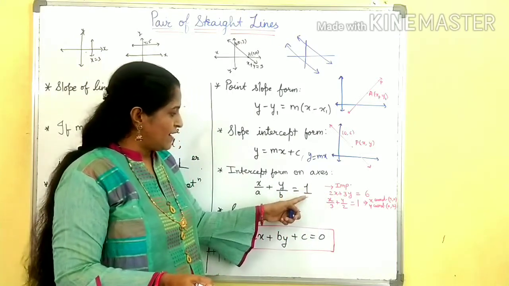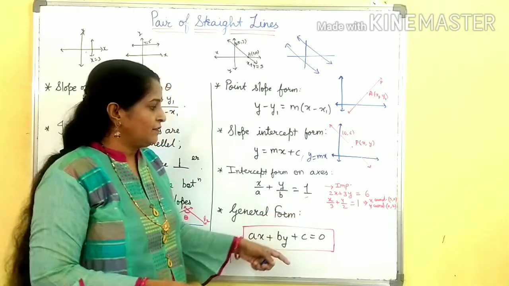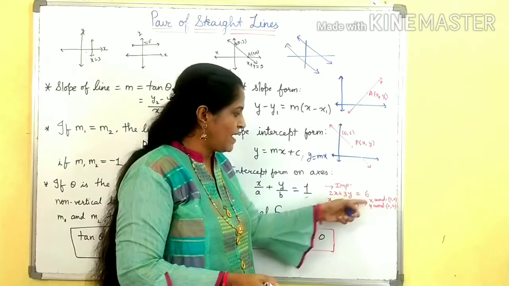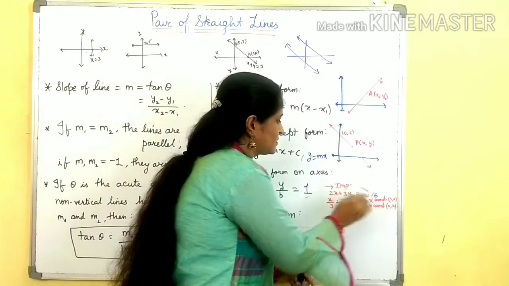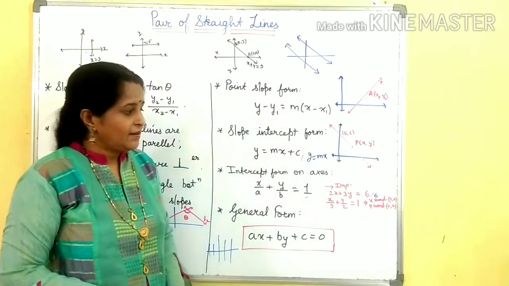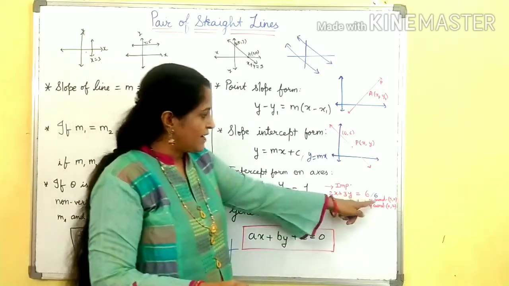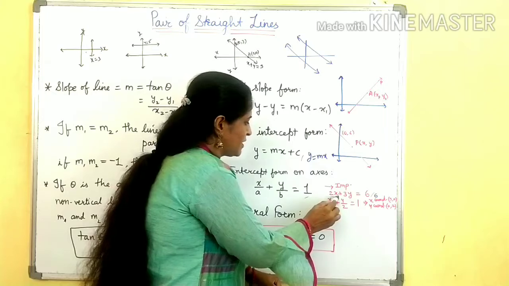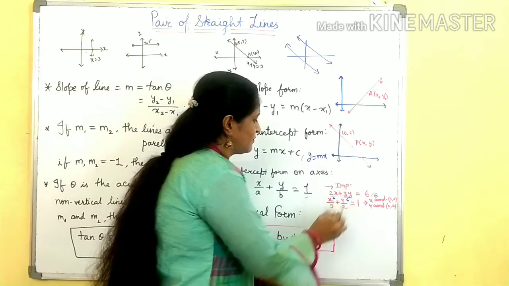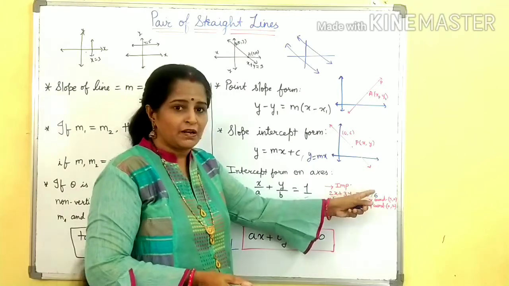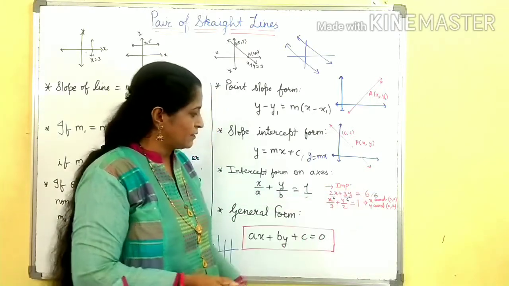As we know the right hand side must be equal to 1, we divide the whole equation by 6, whatever the right hand side value is.